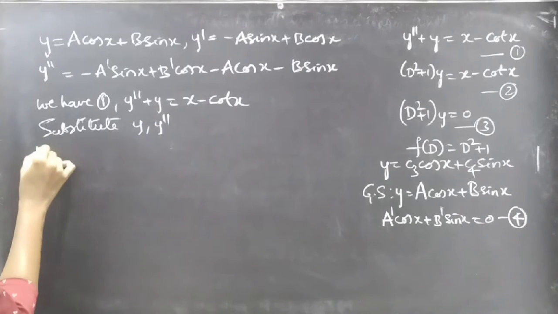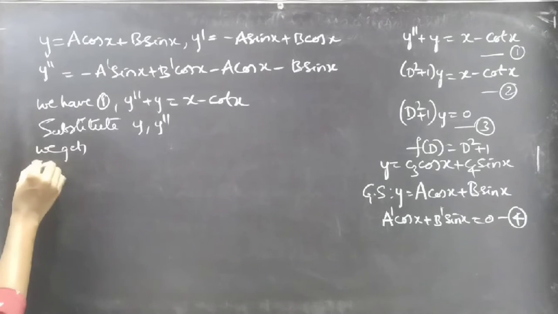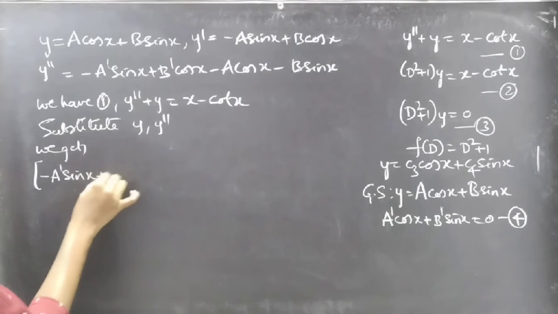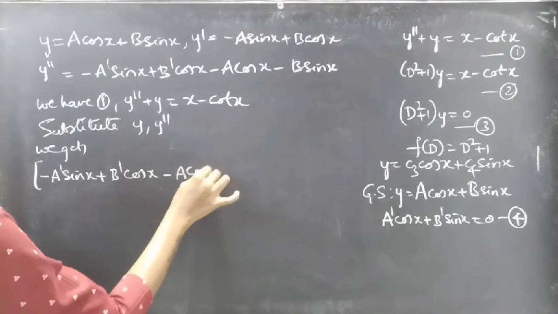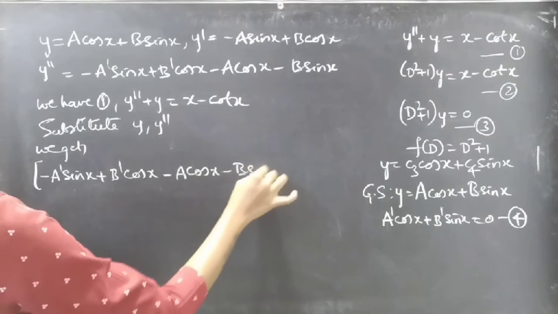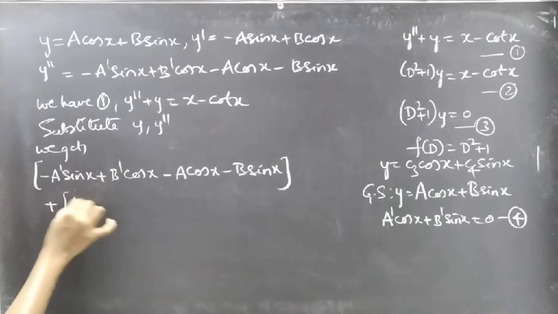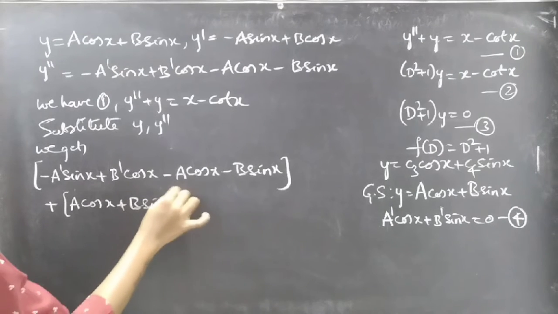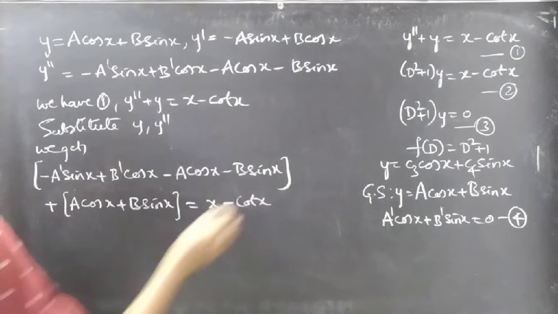This gives us minus a dash sin x plus b dash cos x minus a cos x minus b sin x, plus y, which is a cos x plus b sin x, equal to x minus cot x, right?